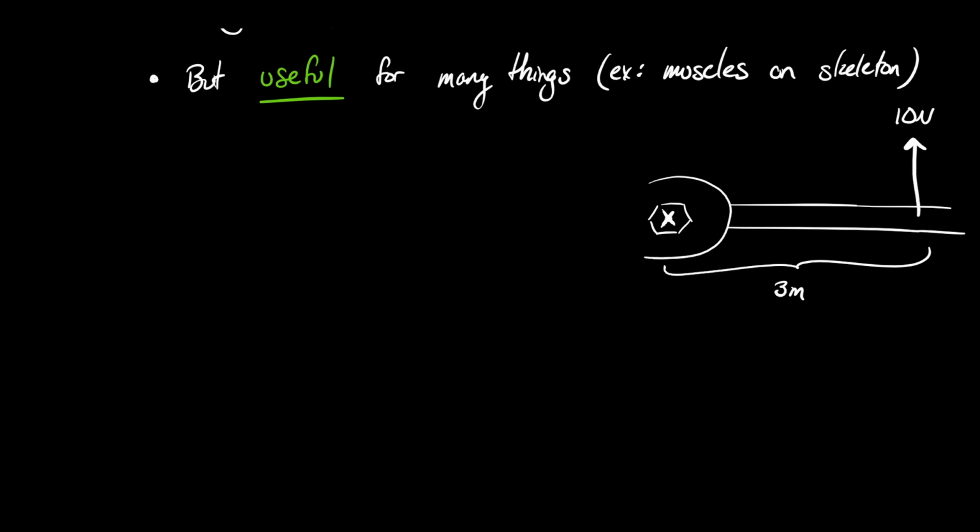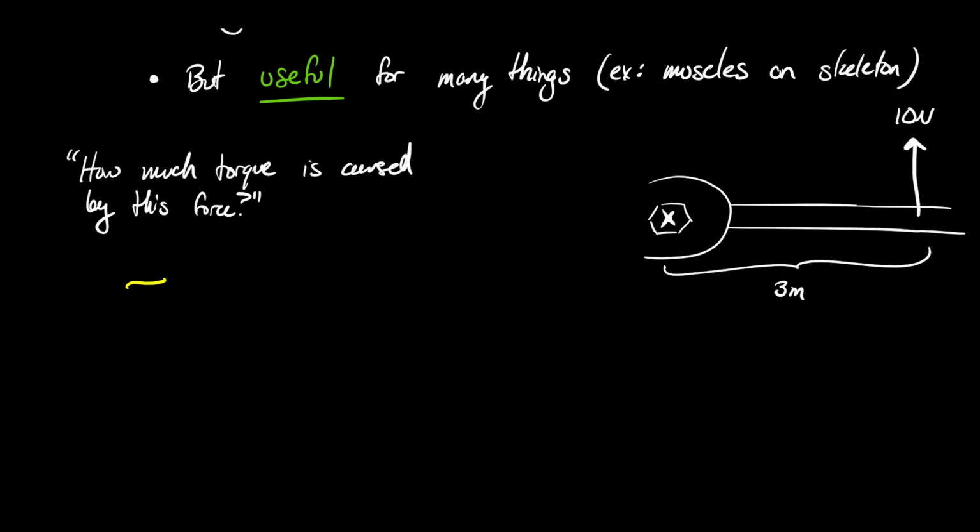The question you might be asked is, how much torque is caused by this force? To solve this question, we're going to introduce the equation for what the torque due to a force is.